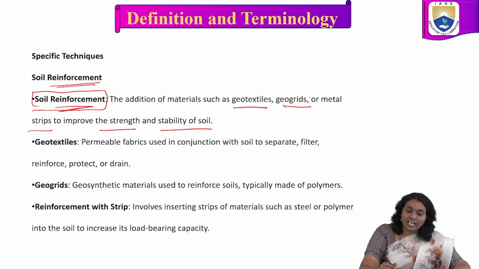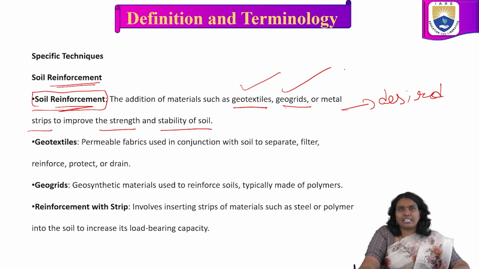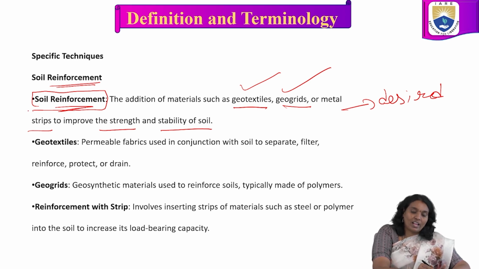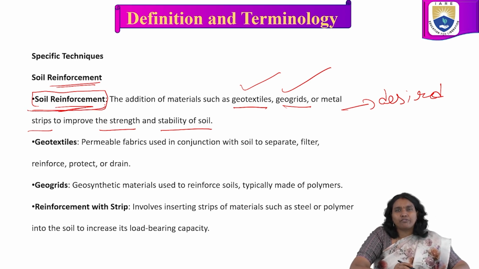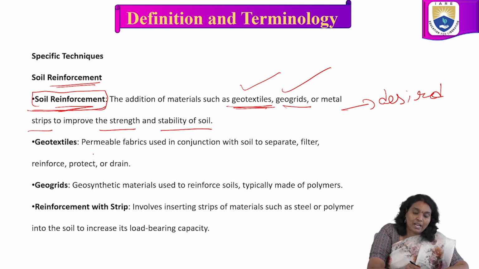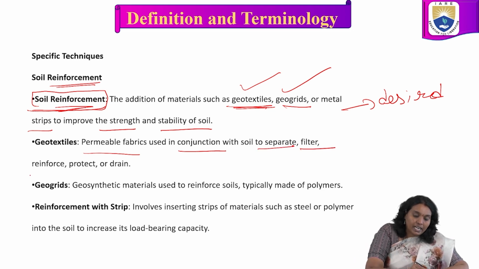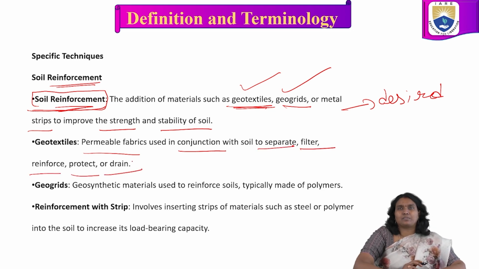For getting the desired properties, we choose these additional materials. Such is known as soil reinforcement. Geotextiles are permeable fabrics used in conjunction with soil to separate, filter, reinforce, protect and drain.